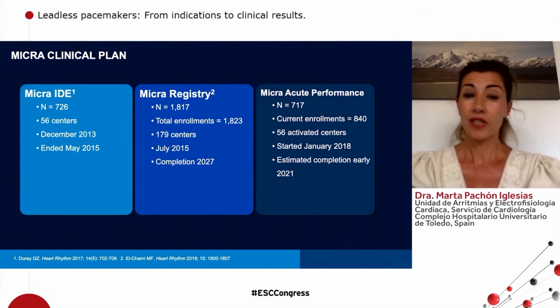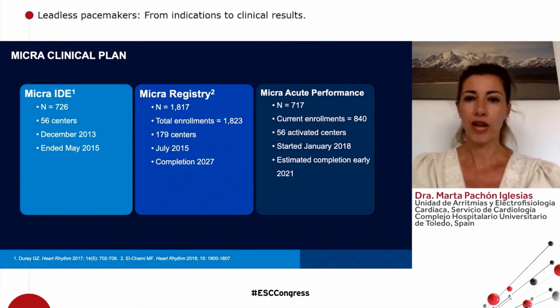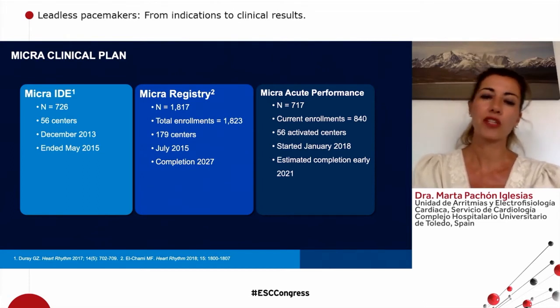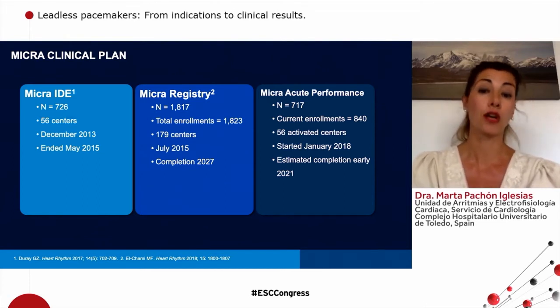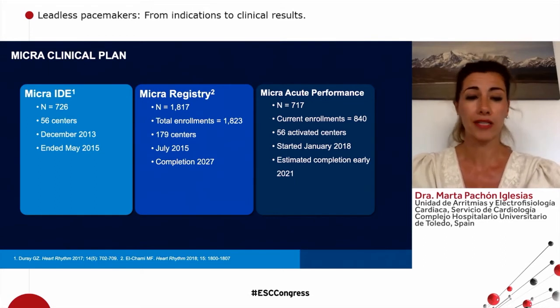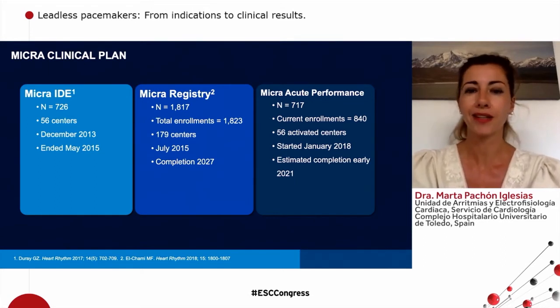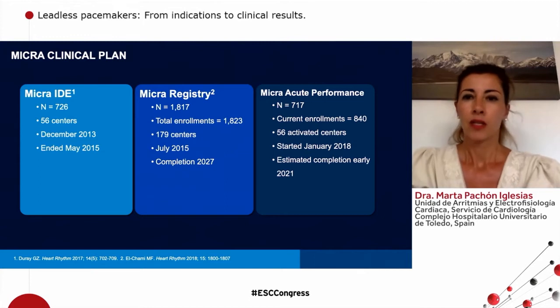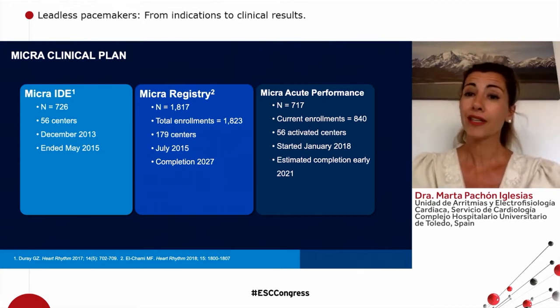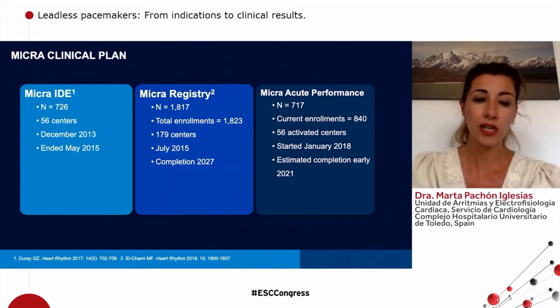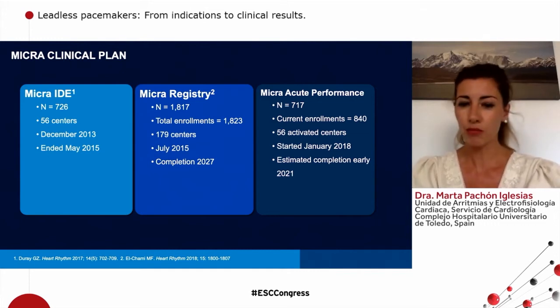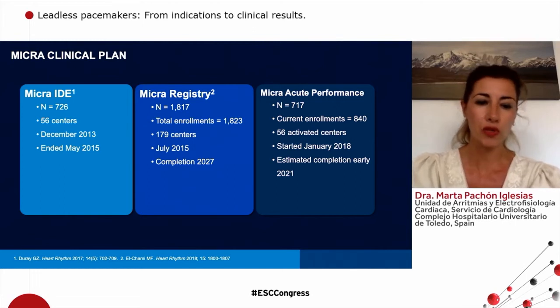The first new registry enrollment occurred in July 2015, and the required 9-year registry follow-up period is still ongoing. The methods for analysis are rather the same as in the IDE study. Now ongoing is the Micra Acute performance registry. This is an international prospective, non-randomized, multi-site observational registry.